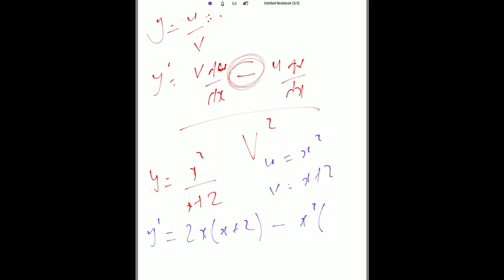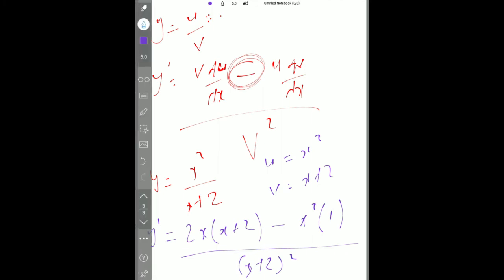Differentiate x plus 2, we get 1. Then we divide by v squared. What's v squared? X plus 2 all squared. So that leaves us with x squared plus 4x all over x plus 2 all squared.